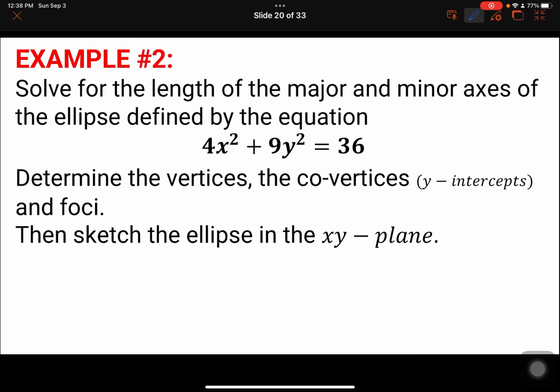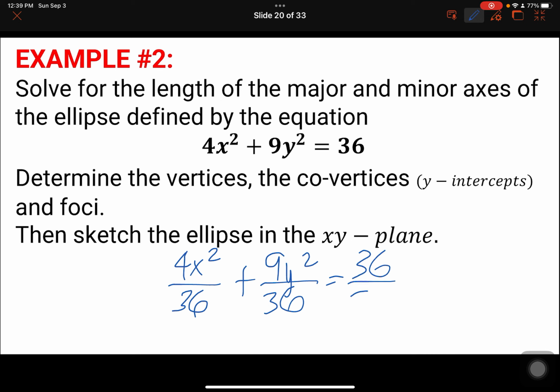Kapag ganito ang ginagawa natin, dapat equal kay 1. Divide na sila pareho kay 36. So, 4x squared divided by 36 plus 9y squared over 36 is equal to 36 divided by 36. So, ito ay equal na kay 1.